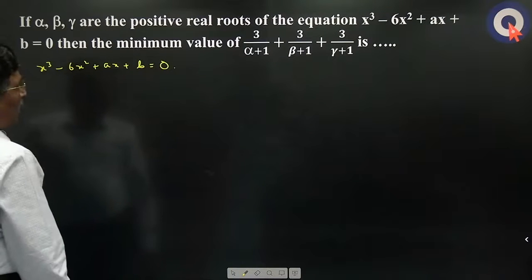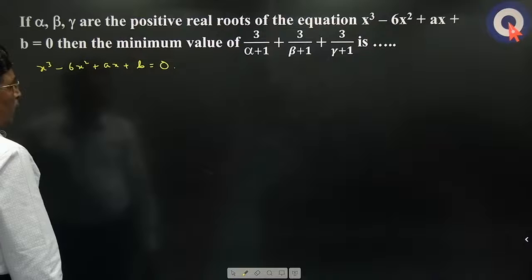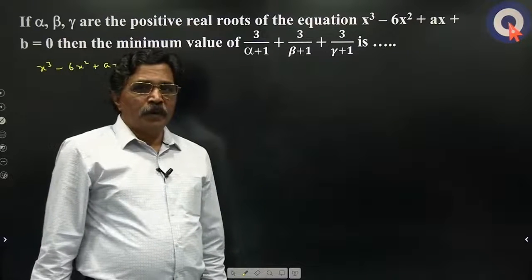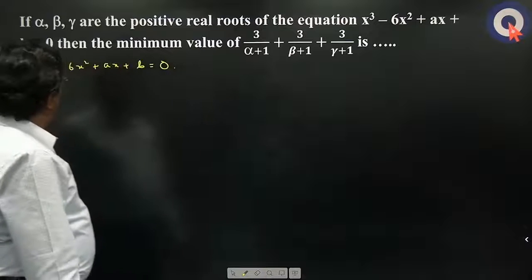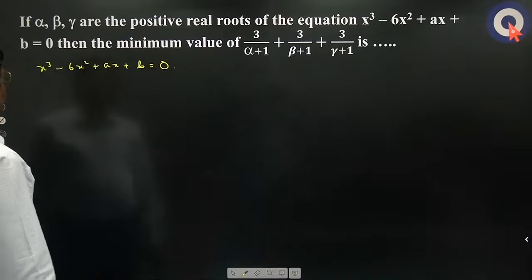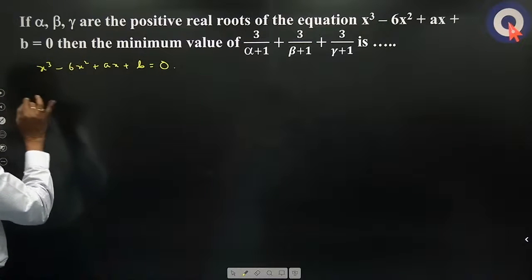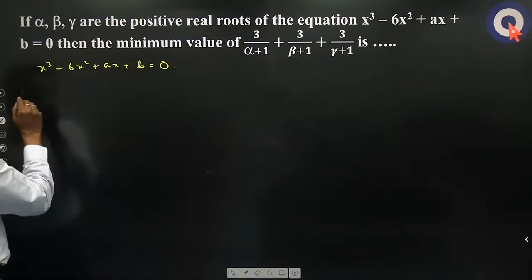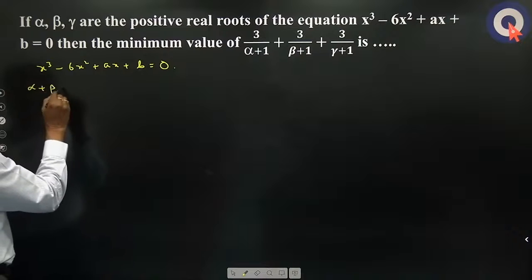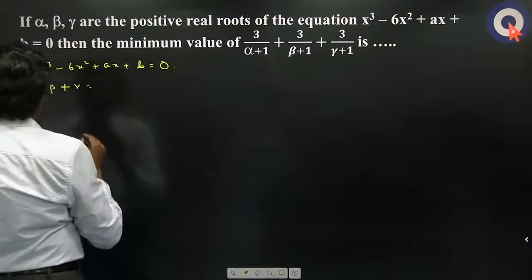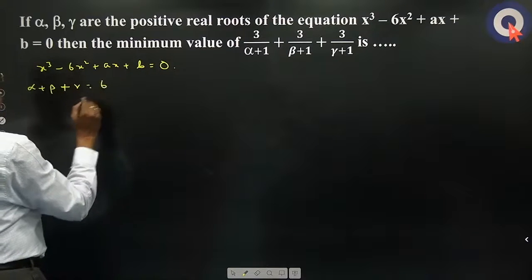Then the minimum value of 3 by alpha plus 1 plus 3 by beta plus 1 plus 3 by gamma plus 1. So therefore, we shall write alpha, beta, gamma are the positive real roots. Again, AM, GM, HM could play a role. Alpha plus beta plus gamma is equal to minus b by a, which is 6.